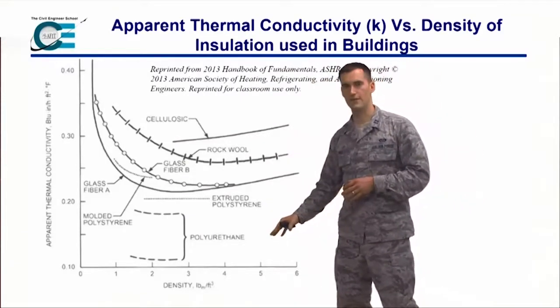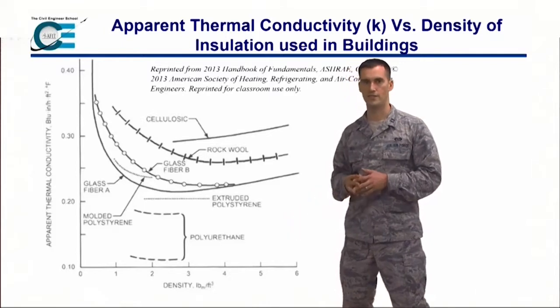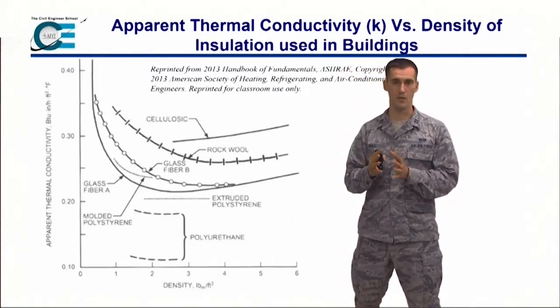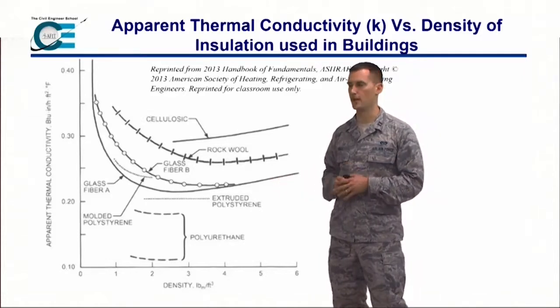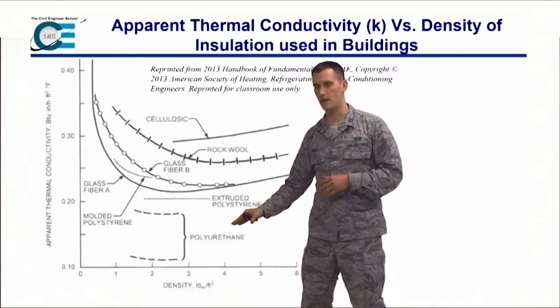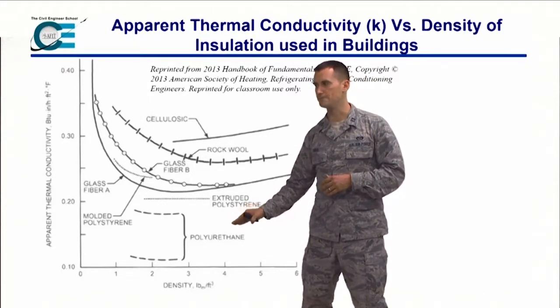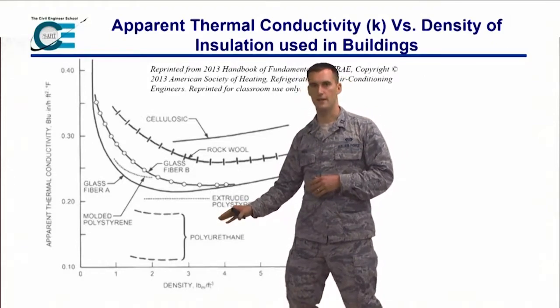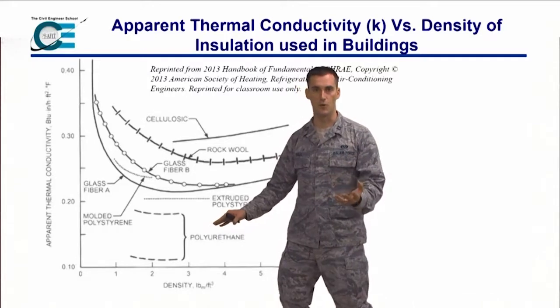And then we also have the density of that insulation as well. Some flexible insulation, maybe we could pack in tighter. For the most part, with rigid insulation, you're going to get what you get, right? And so what you'll see here, some of our better rigid insulation, polyethylene here, polyurethane, has a very low K value. That's a rigid type of insulation. That's what we're looking for there.